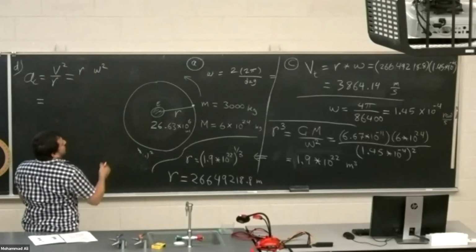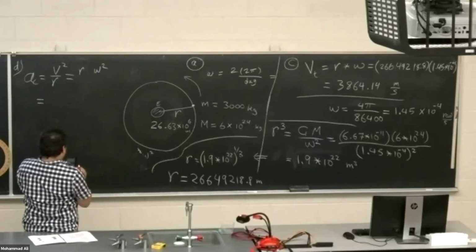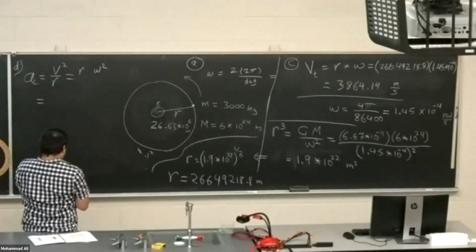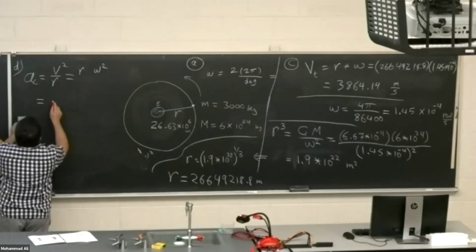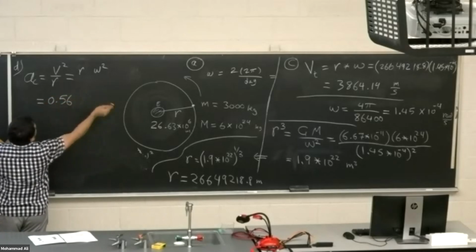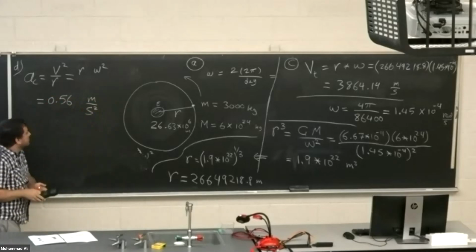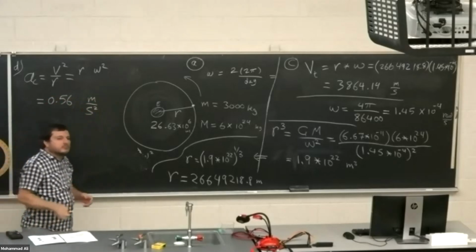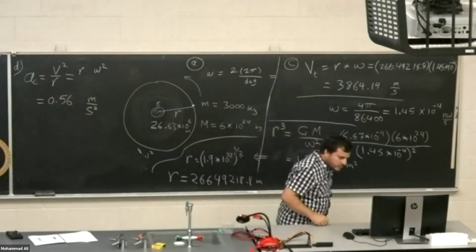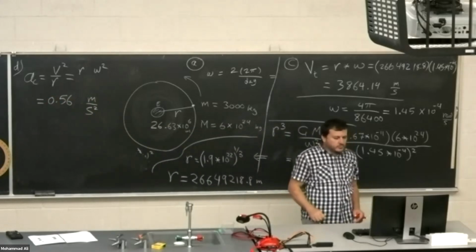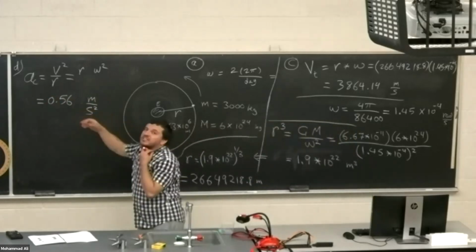So that's V squared divided over R. It's 0.560 something meter per square second. Okay, so this is the acceleration.